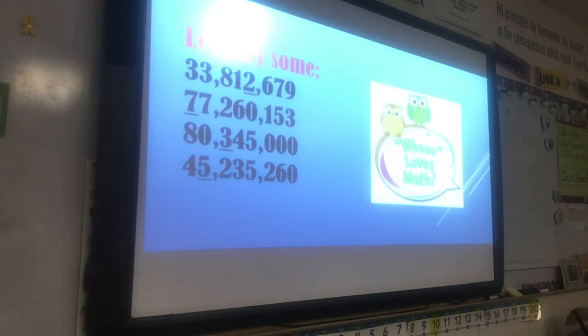What place is that, and so what value would that be? Harrison? It's in millions. It's in the what? 10 millions. It's in the 10 millions, and so how much is it worth? 70, yes. It's in the 10 millions place, so its value is 70 million.